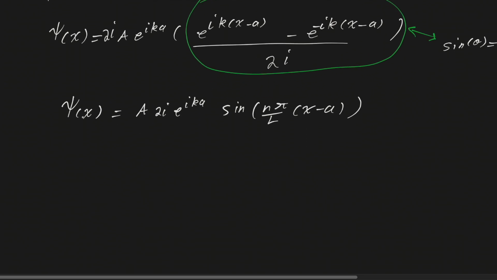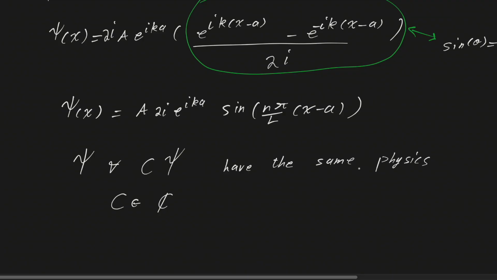And you get this wave function, which is a little bit odd. You have an additional complex factor and an additional 2i here. But remember that psi and c times psi, where c is a complex number, have the same physics, meaning that the physics and the probabilities all depend on psi squared.